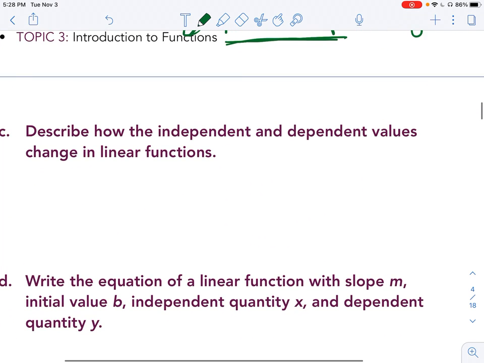So the next one, describe how the independent and dependent values change in linear functions.